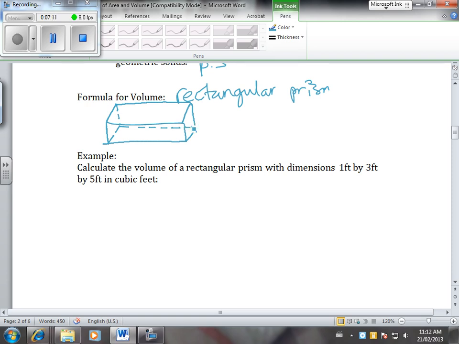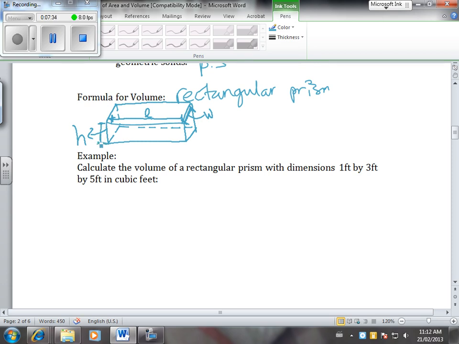And so again, we want our length and our width. So here's your length. Your width would be along this part here. There's your width. And then we also need height, because this is 3D.